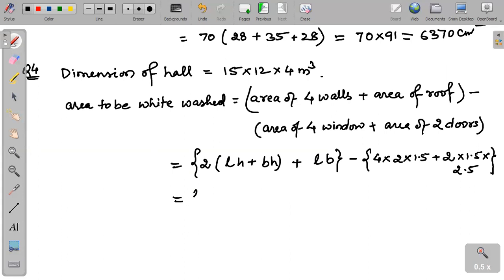This makes it 2 into L into H. L is 15 and height is 4.